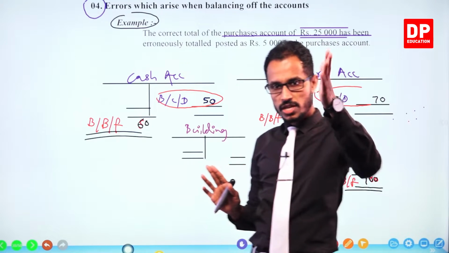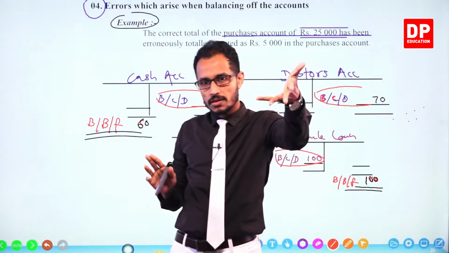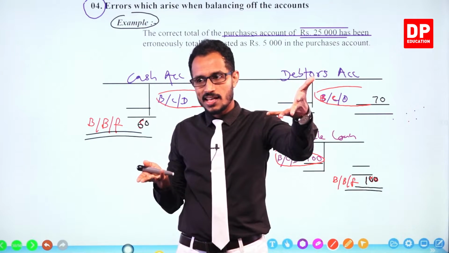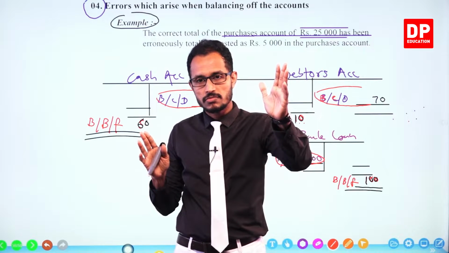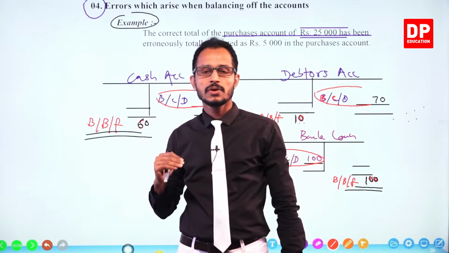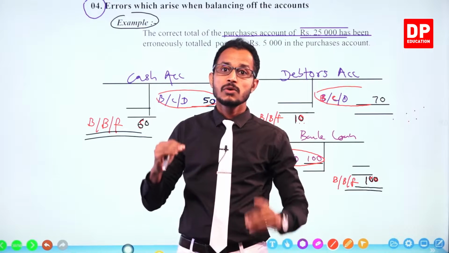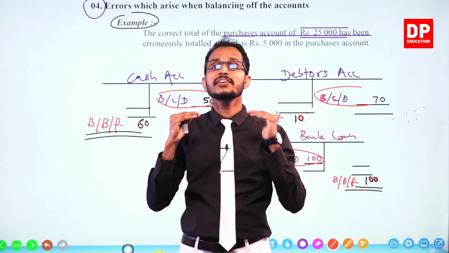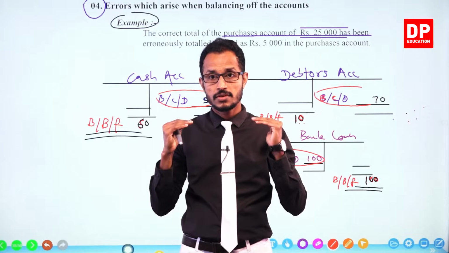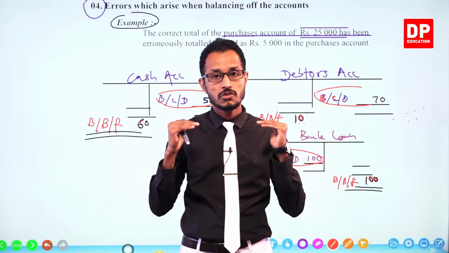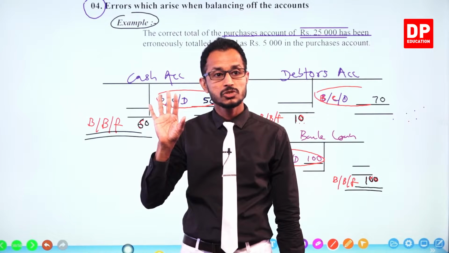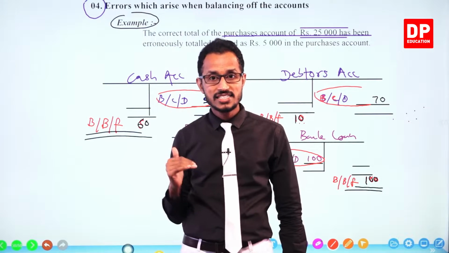Now you tell me, when the purchases account is totaled, summed up, if the total is 25,000 but you have put 5,000 as the total, is it understated or overstated?